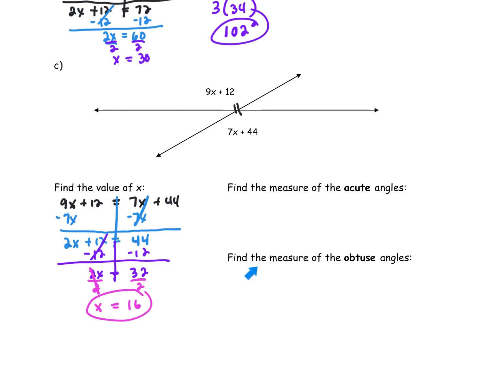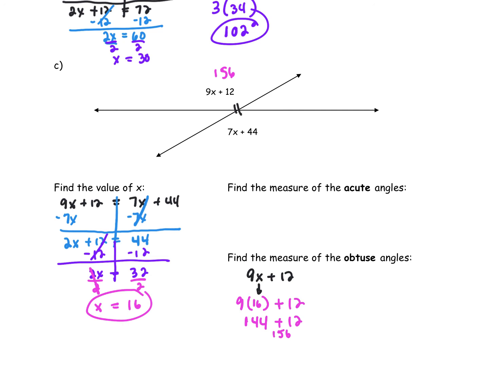But I'm going to take 9x plus 12, the first one I see, and I'm going to replace the x with 16, then multiply by 9, and then add 12. 9 times 16 is 144, plus 12 more is 156. So this angle is 156.